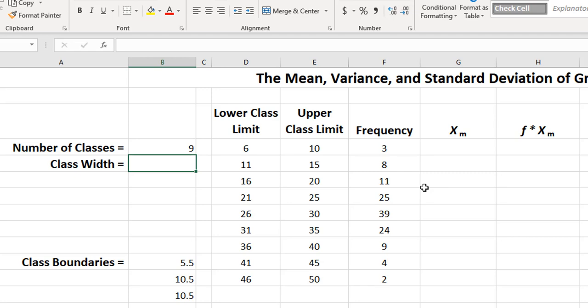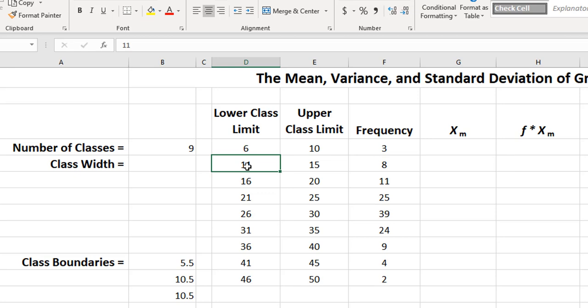Now let me explain to you what the class width is. A lot of students make the mistake of taking something from an upper class and subtracting the lower class limit. So a lot of students might think it's 10 minus 6, but in reality, it is not that. The class width is actually, instead of 10 minus 6, which would give us 4, it's 11 minus 6.